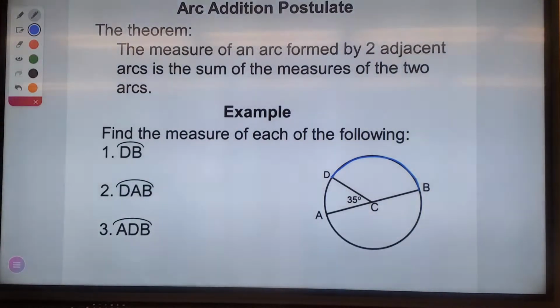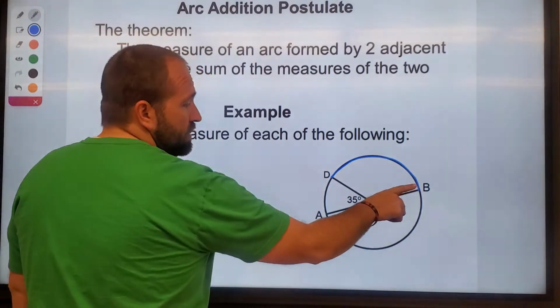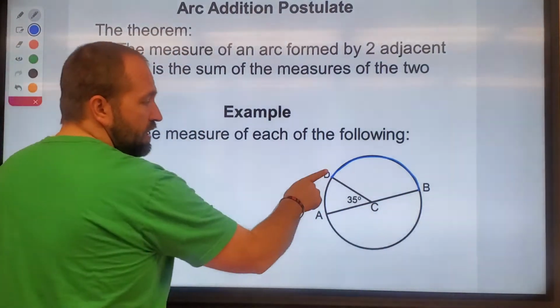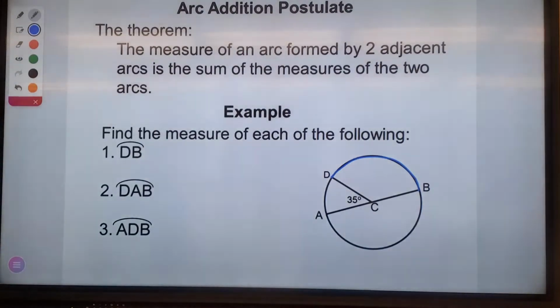A lot of people are going to want to look at this and say, well, I can go from D and go backwards to B. This is not a minor arc. This is clearly more than 180 degrees. It's more than half of that circle. So if I give two letters, again, strong emphasis here, you are only going to go with the minor arc, the smaller of the two.